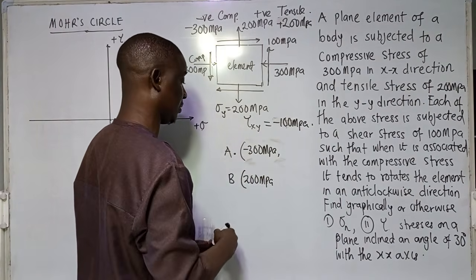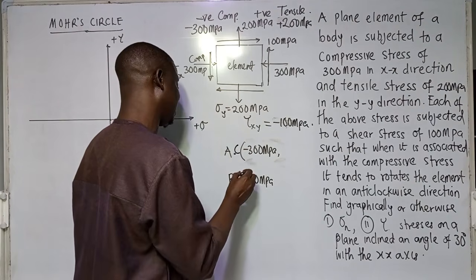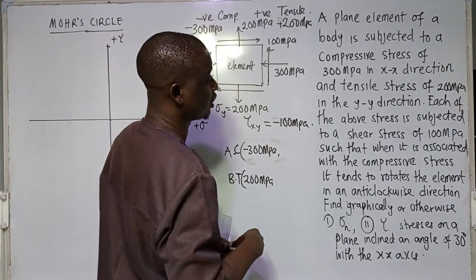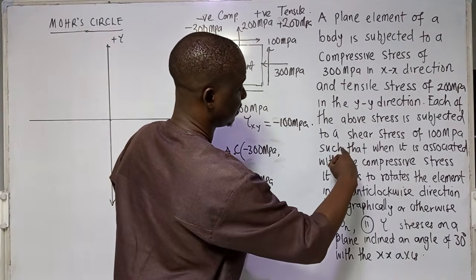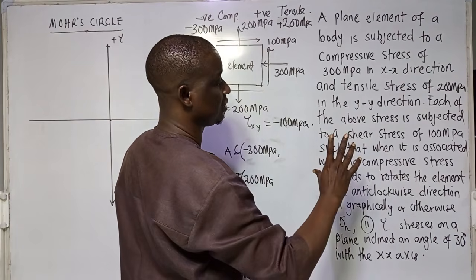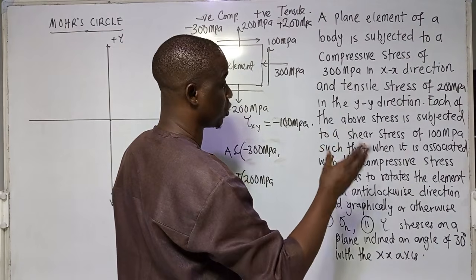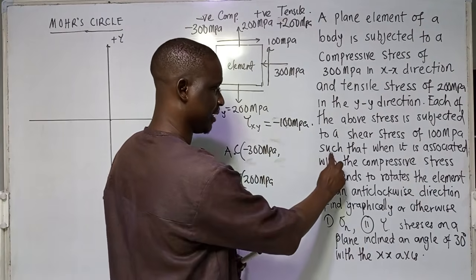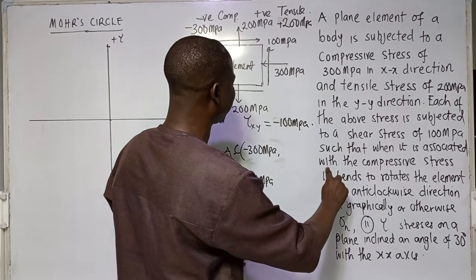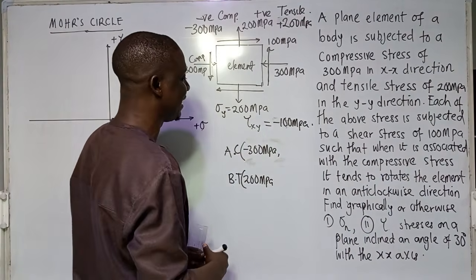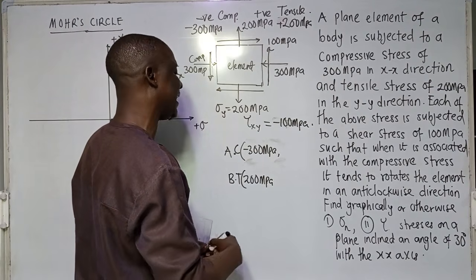Don't forget, this is C and this is T. They said each of the above stress is subjected to a shear stress of 100 megapascal, so that when it is associated with compression, it tends to rotate the element anti-clockwise.